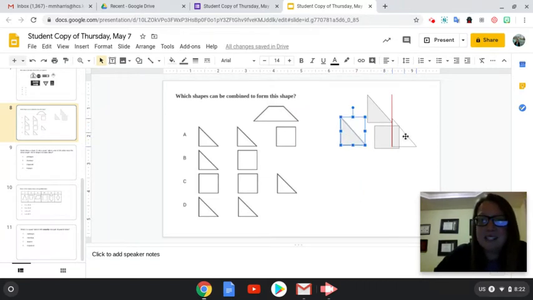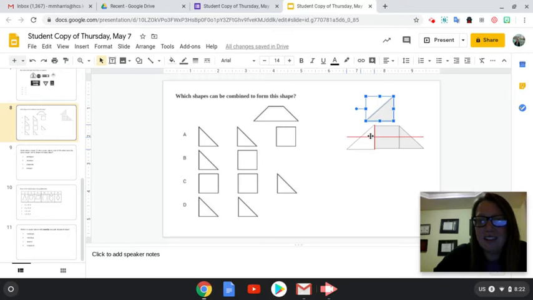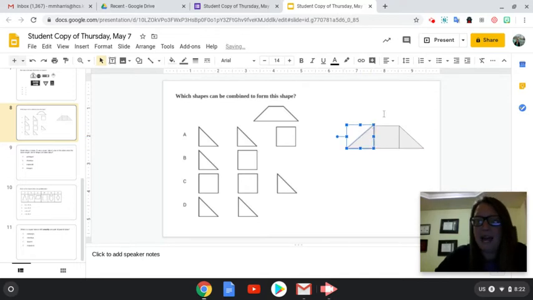So let's imagine, I have to make this a little smaller, and then could I flip this? Would that make my shape?